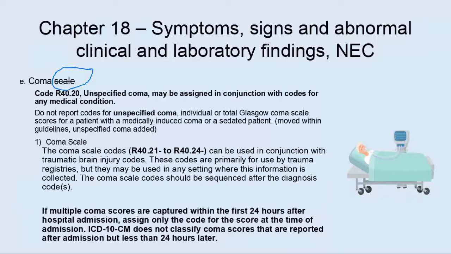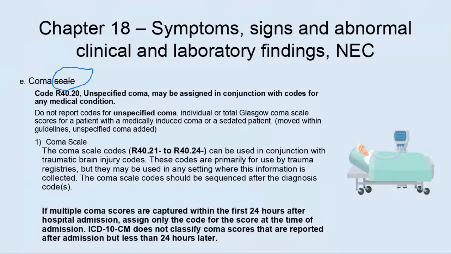Now, it's still saying that R40.21 to R40.24 are used in conjunction with traumatic brain injuries. So it's still kind of unclear. It also says, this is interesting, if multiple coma scores are captured within the first 24 hours after hospital admission, assign only the code from the score for the time of admission.